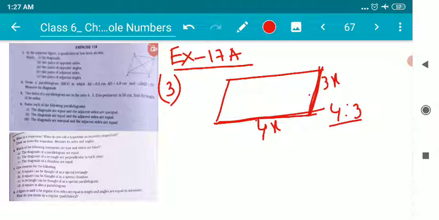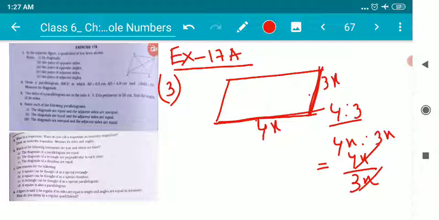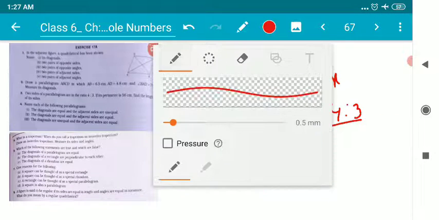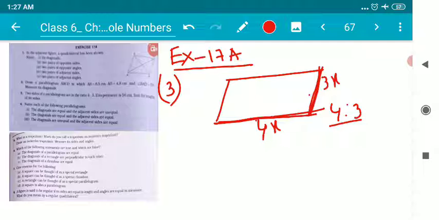Sir, why 4x and 3x? Because if I write 4x is to 3x, and if I solve it, 4x by 3x, x and x will be reduced. I'll get finally 4 by 3, which is equal to 4:3. So as I don't know the measures of the lengths and breadths, and the ratio has to be 4:3, we can consider length as 4x, breadth as 3x.